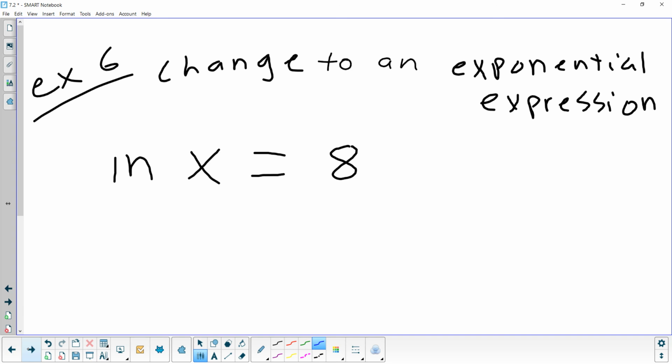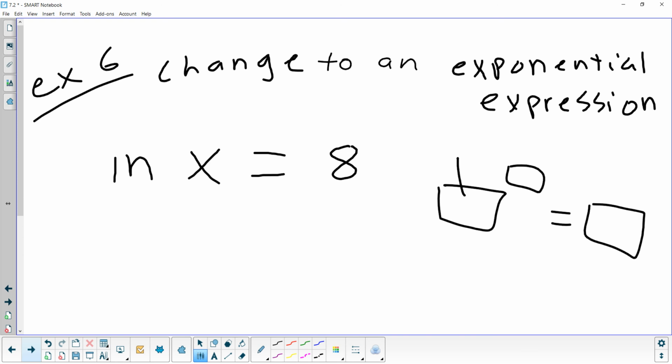All right, so let's change this to an exponential expression. Now this is where we have to remember what the base is, because in an exponential expression, we need 3 things. The base goes right there. The base is invisible.